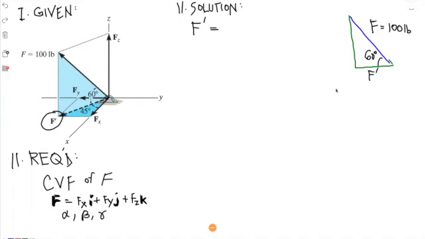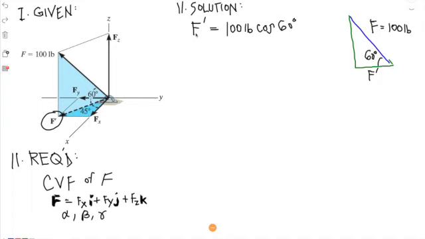By trigonometry, we have an angle, we have the hypotenuse. We can find this F prime, this side, and this is 60 degrees. This side is adjacent to that angle, so our F prime would be equal to 100 pounds cosine of that 60 degrees angle.